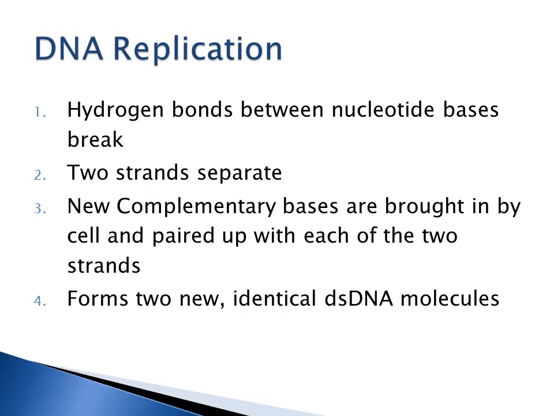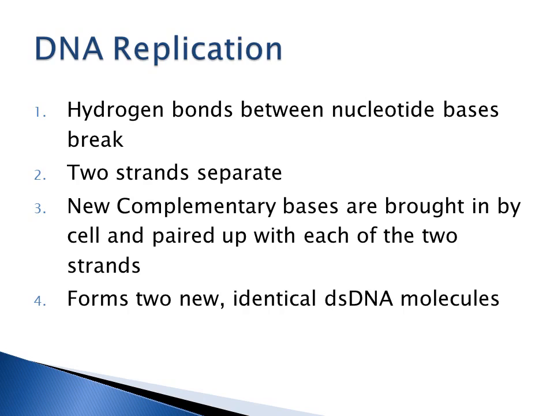So for DNA replication, we are just going to outline the steps in this lecture, because our next lecture is going to be focused completely on replication. So we'll go into a little more detail in the next lecture. You have your hydrogen bonds between your nucleotide bases.